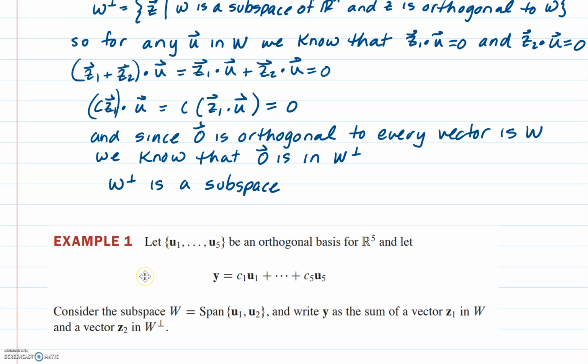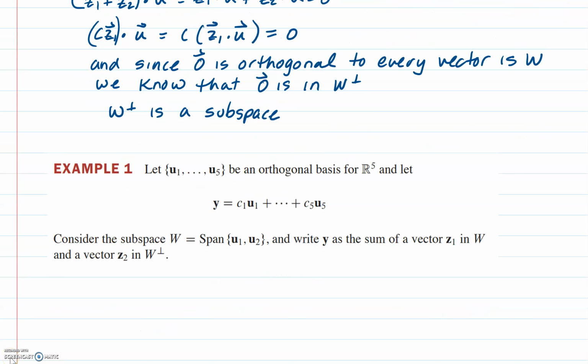To prepare for the next theorem, we're going to look at this example. Let's look at a set u1 through u5, and this set is going to be an orthogonal basis for R5, and let y be a linear combination c1u1 plus ... c5u5. Let's consider a subspace W, the span of just two of these, u1 and u2. We're going to write y as the sum of a vector z1 in W and another vector z2 in W complement.